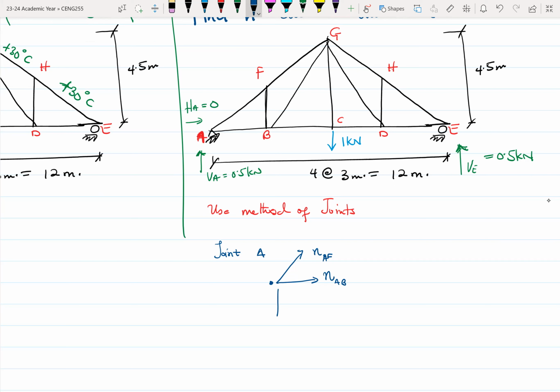Then we have these external forces: VA, then we have HA. We have to find this angle, theta, and we can easily find theta.